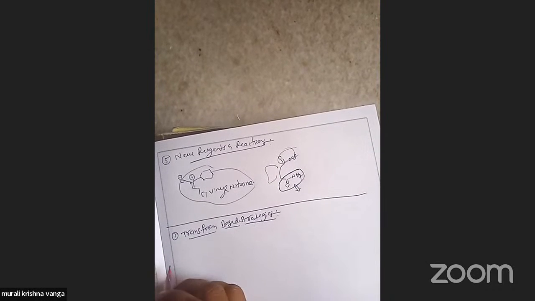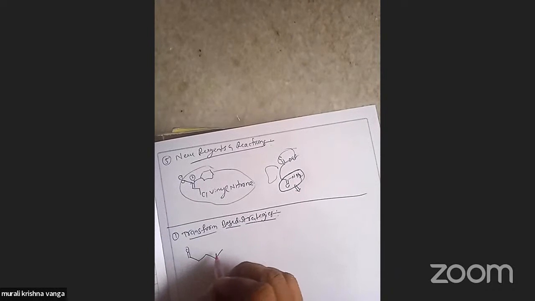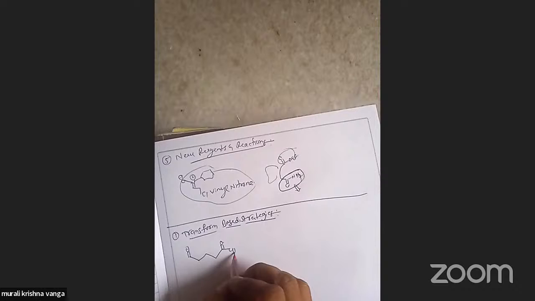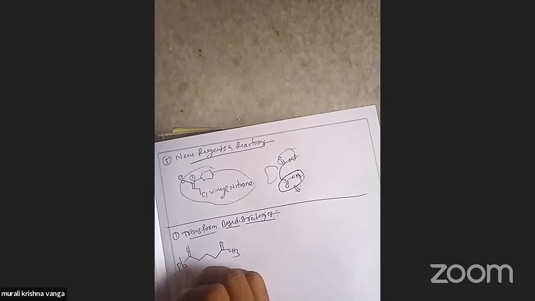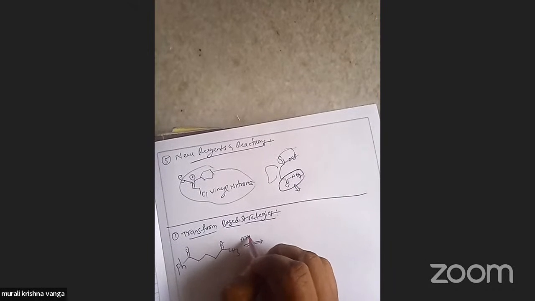Here, I am taking a 1,5 dicarbonyl compound, a 1,5 diketo compound. This 1,5 diketo compound undergoes Michael transform.